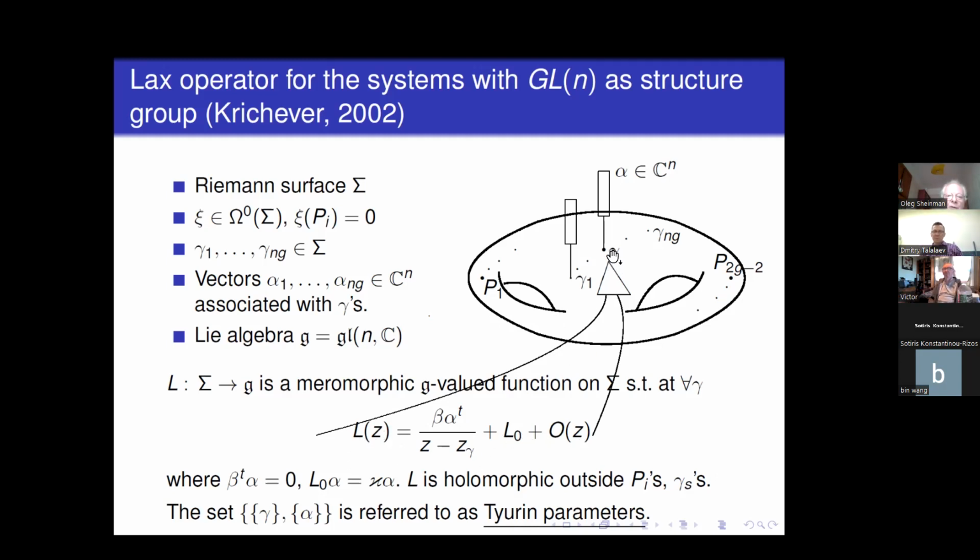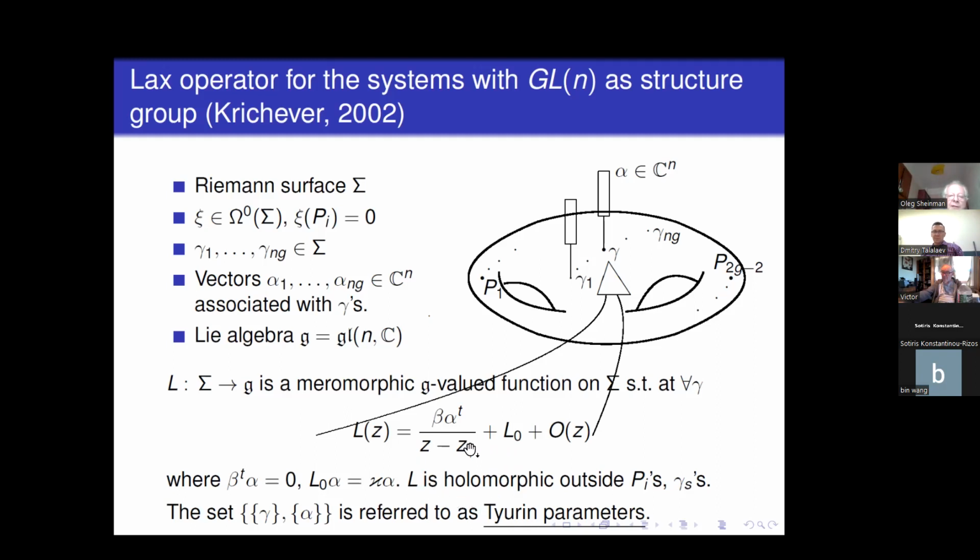At the point gamma with local coordinate z_gamma, L should have a residue of the following form: a certain vector beta multiplied by vector alpha transposed, which means that if we regard beta as a column vector and similarly alpha, then there is a rank 1 square matrix in the numerator.